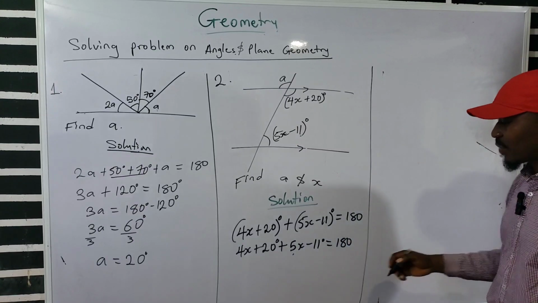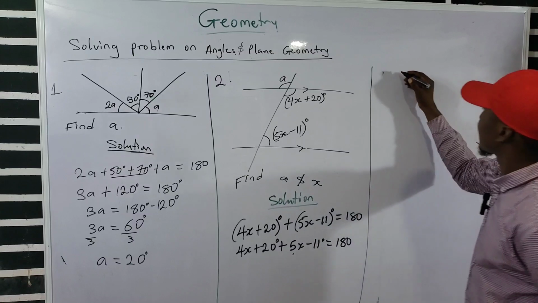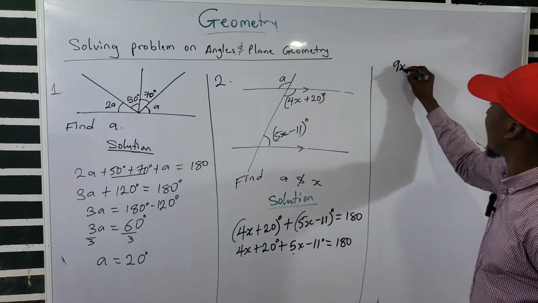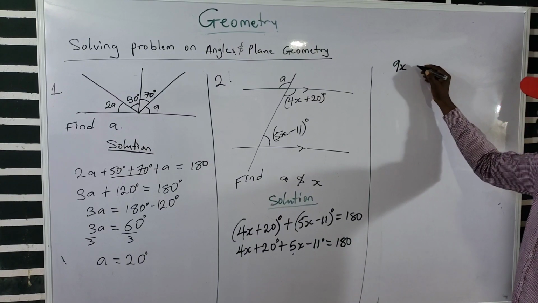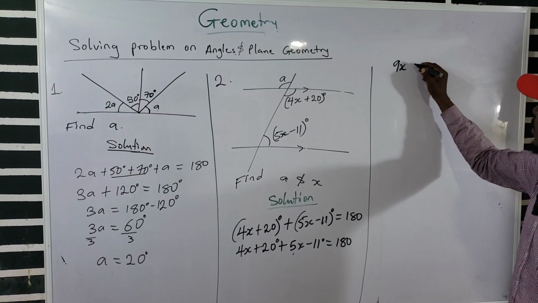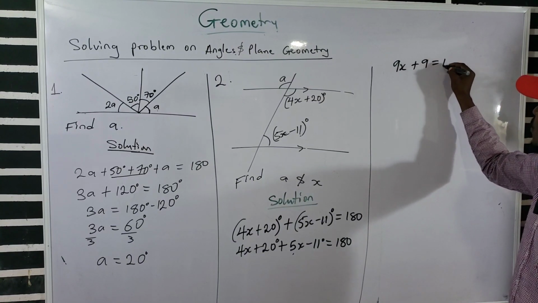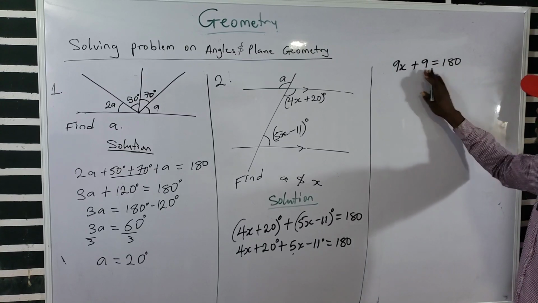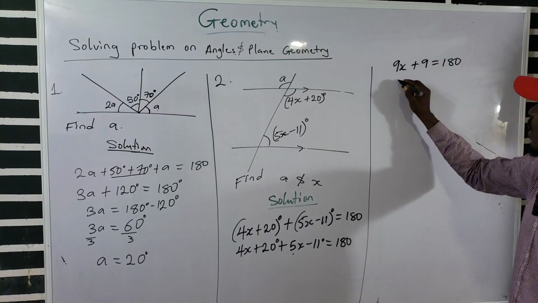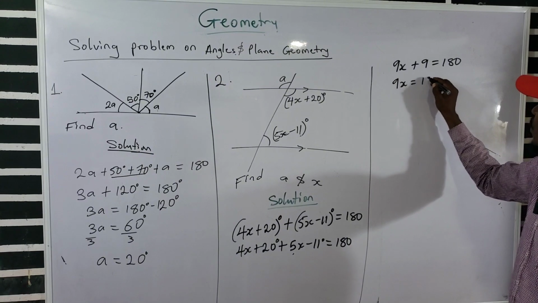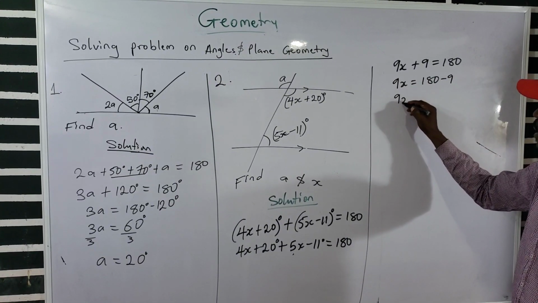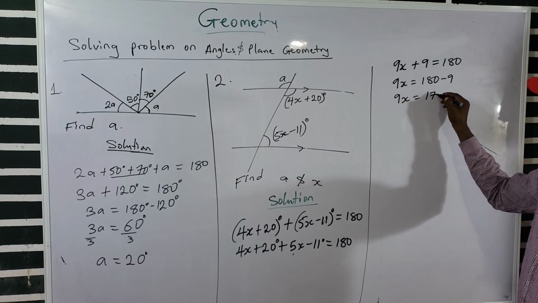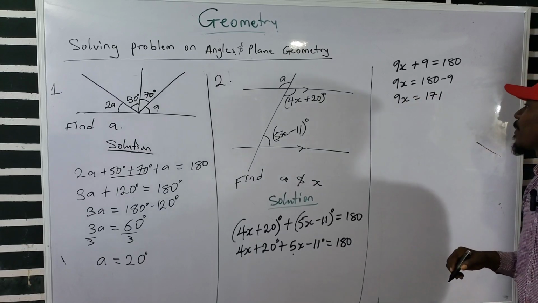So collect like terms, 4x and 5x will give us 9x. Then 20 minus 11 will give us plus 9 equals 180 degrees. So this one moves over here. I'll have 9x equals 180 degrees minus 9. So that will give us 9x equals 171.